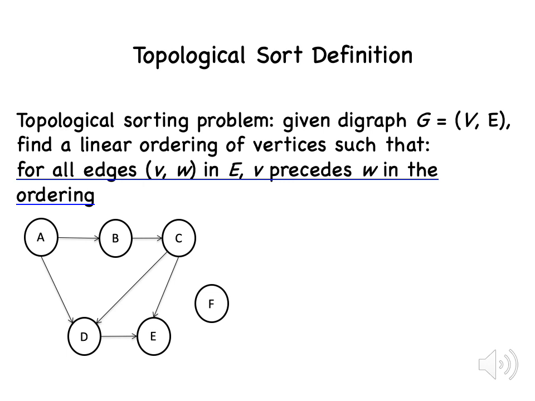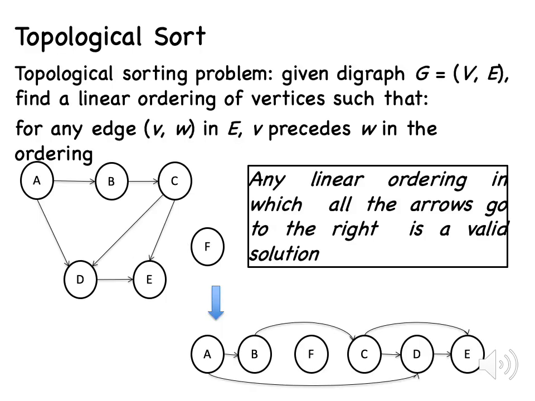Now let us see it using an example. Here there is a graph which has A to E as one connected component and F as a single one. When it is sorted using a topological sort, it has to be A to B. The connections should remain as they are, but the nodes should be ordered so that the condition also follows.